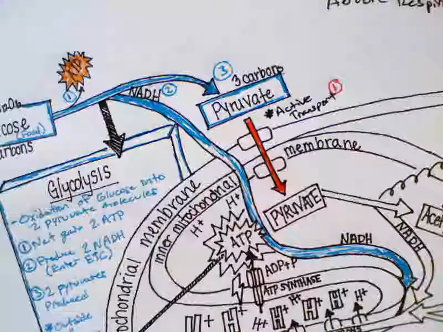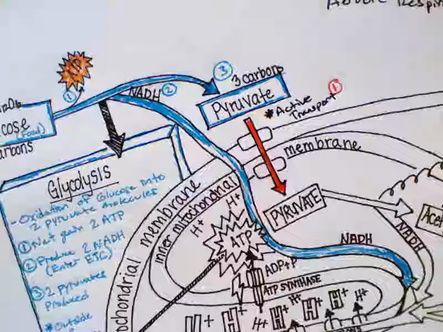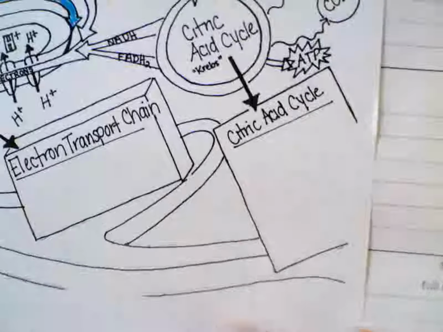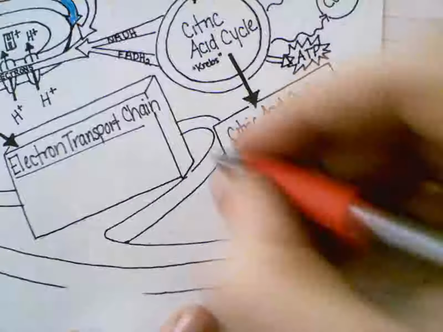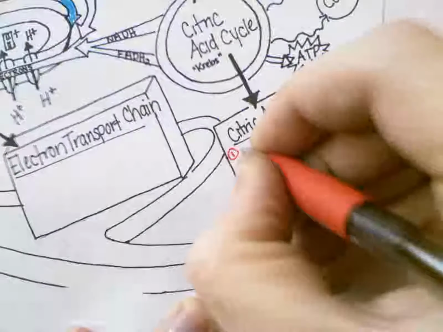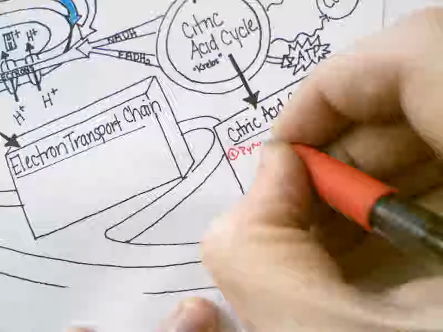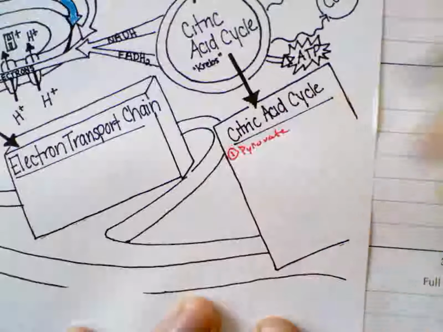Our Krebs cycle or citric acid cycle box is way down here. So I'm going to be coming down here now. All right, step 1. Pyruvate enters the mitochondria via active transport.